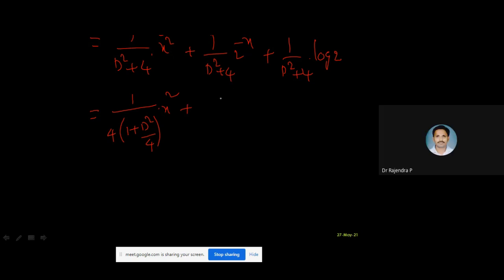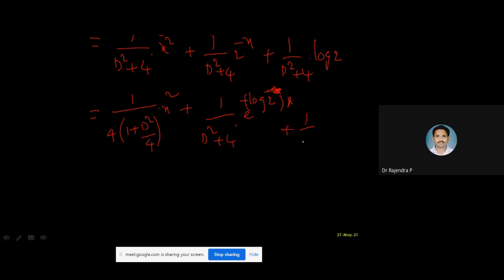Second part, 2 power minus x is there. How can I do that? D square plus 4 into 2 power minus x can be written as e power log of 2 power minus x, so that minus x comes to the front side. So I'm writing something like minus 2 into x. Can I write like this? Yes, sir. Good.